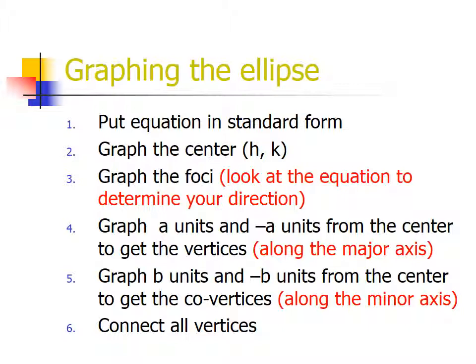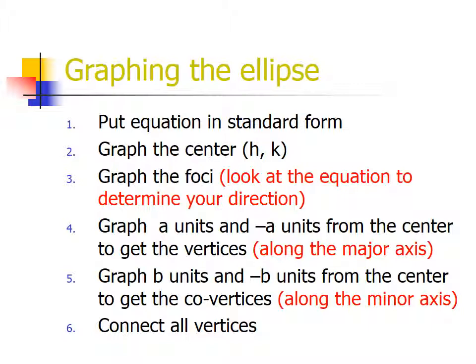Now, in order to graph the ellipse, we're going to put the equation in standard form as we just did. Once it's in standard form, we'll be able to easily recognize the center as the ordered pair h comma k. We're going to graph the foci, looking at the equation to make sure we understand whether the ellipse is oriented horizontally or vertically.